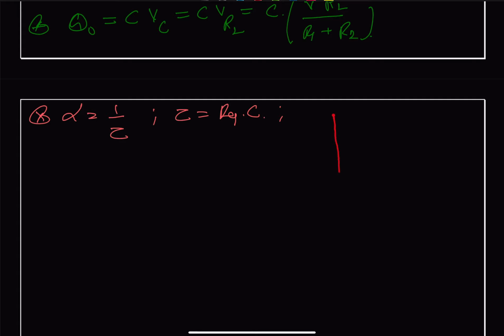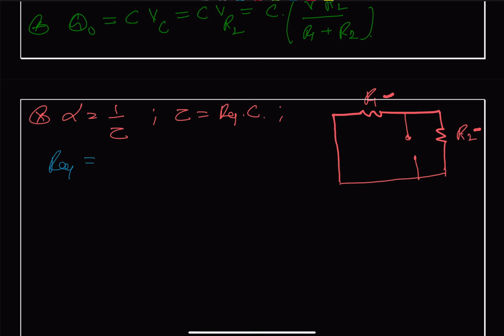So the voltage source is short circuited, and we have these two resistances, R1 and R2, and we have our capacitor here. From the circuit we can clearly see that R1 and R2 are in parallel.